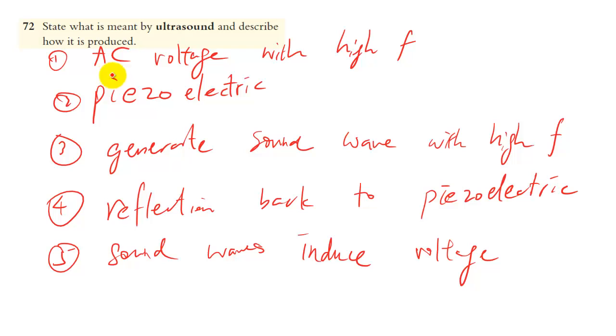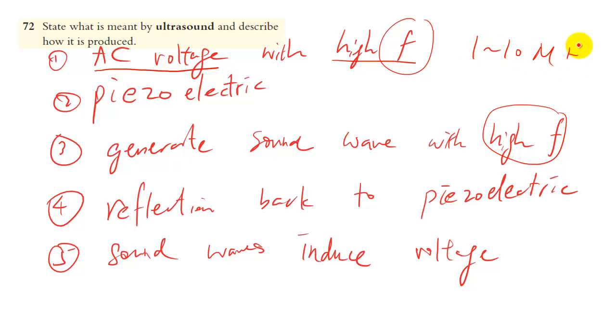First of all, it is produced by using AC voltage with a high frequency, and that frequency should match the frequency that you need, which is around 1 to 10 megahertz for ultrasound. And we are using something called a piezoelectric generator to generate that.